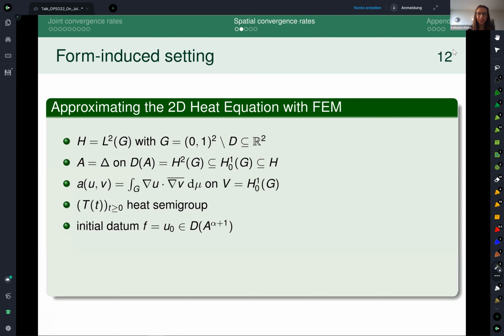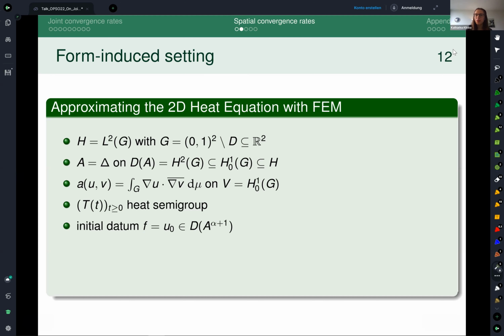As you all know, this generates the heat semigroup. So we want to approximate the heat semigroup. Of course, we also need some initial datum, which I will denote by F in the following. And as you saw in the first part, we need to assume more regularity, which in this case means assuming that F is in the domain of the alpha plus first fractional power of the generator for some positive alpha.